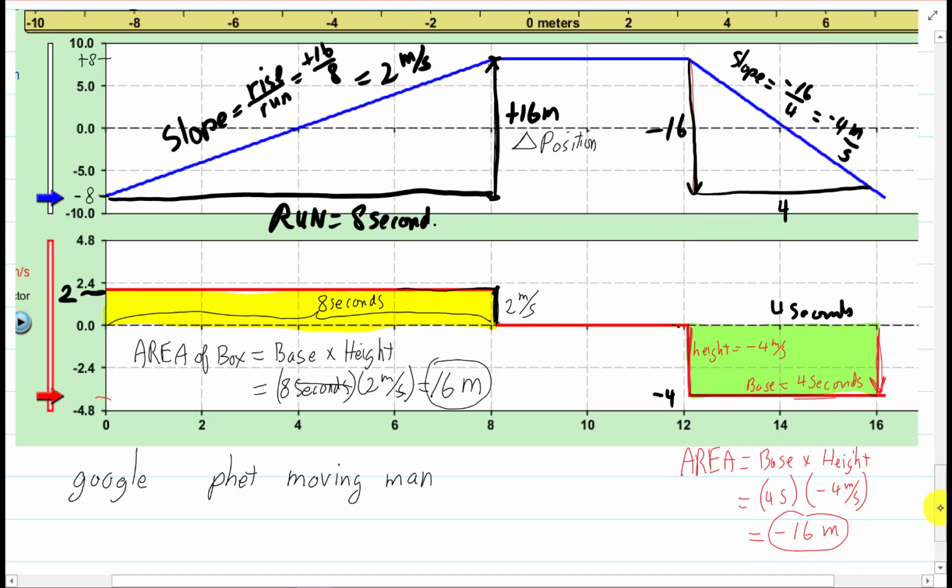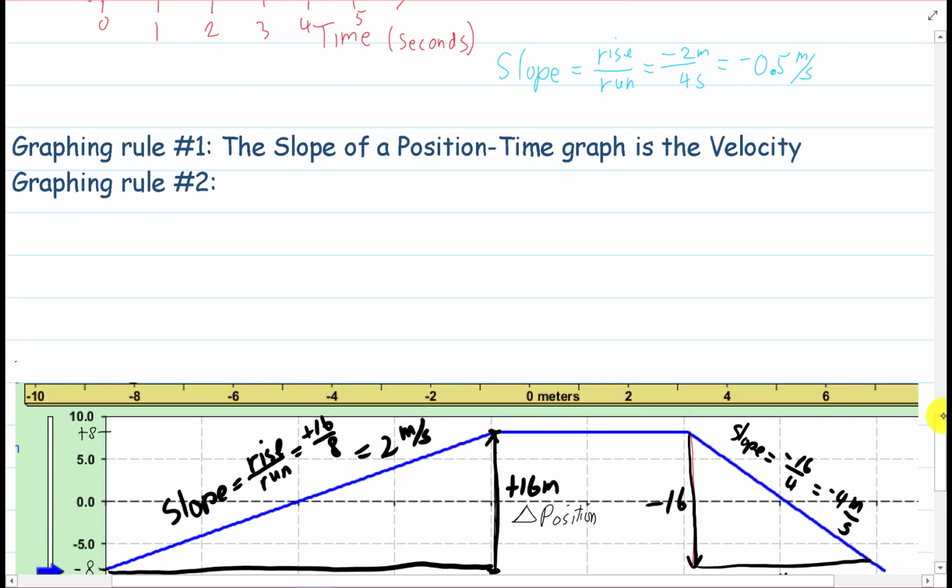And it so happens that here's rule number 2.